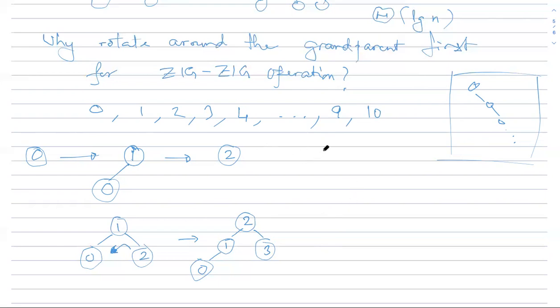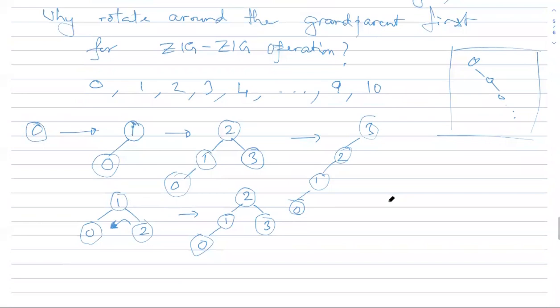So you can see at every step, it just makes it skewed completely after each splay operation. So it will look like this, right? So 2, 1, 0. And then when you introduce 3, it would look like this. And then when you splay, it would become 3, 2, 1, 0. So it seems to not help, right?